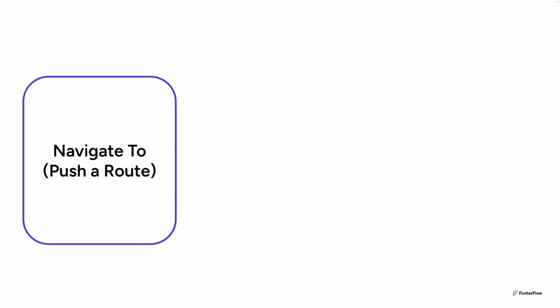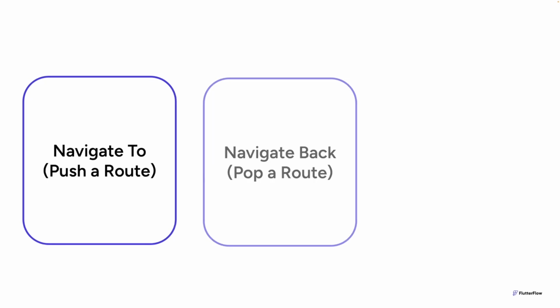In FlutterFlow, you have three main navigation actions to navigate between different screens in your app. Let's start with Navigate To, or push a route. This involves navigating to a new screen by pushing a new route onto the navigation stack.